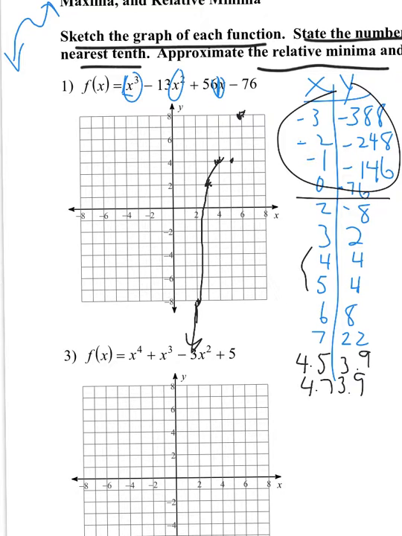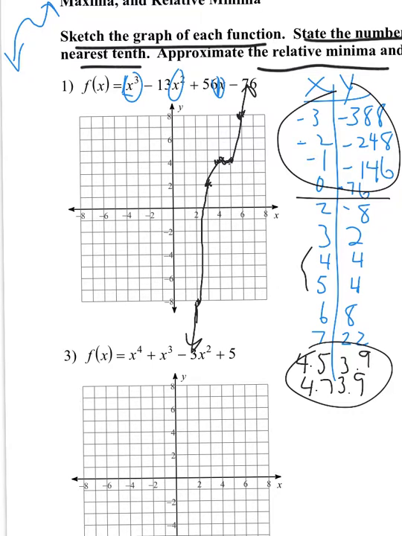So it is a little less than 4, so it comes back down. At 4.5, we're at 3.9, just a little bit below. And at 4.7, we're at 3.9, so it comes back down just a little bit and then goes up. I just tried a couple decimals in between.